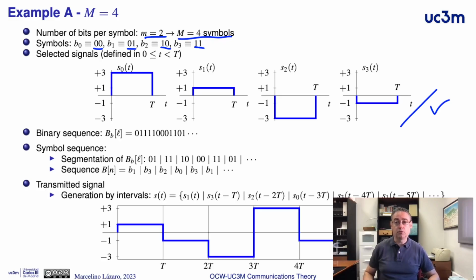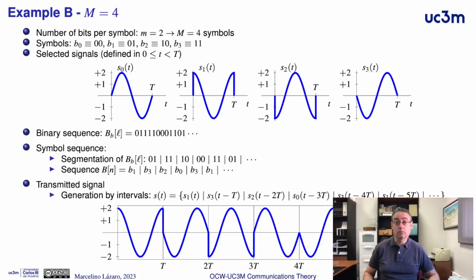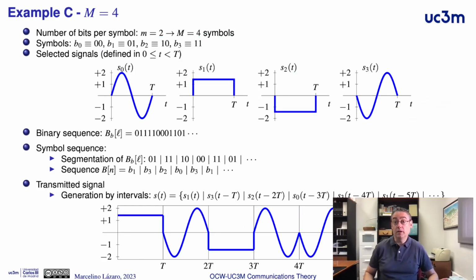But it's possible to select these 4 signals, for instance, or maybe these 4 signals here, or maybe these 4 signals here. In this video, we will analyze the factors that must be taken into account in the selection of the M waveforms and how a vector representation of the signals can simplify the problem of selecting an appropriate set of M signals.